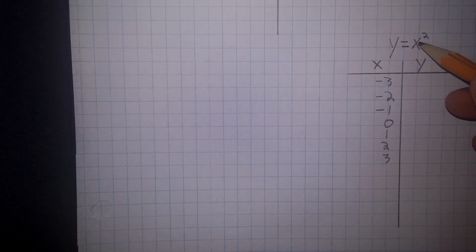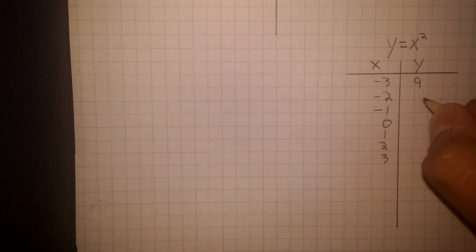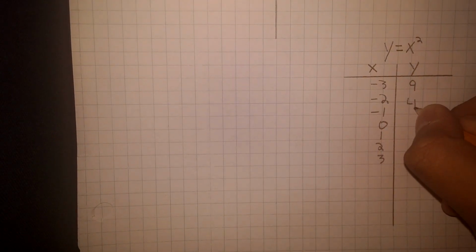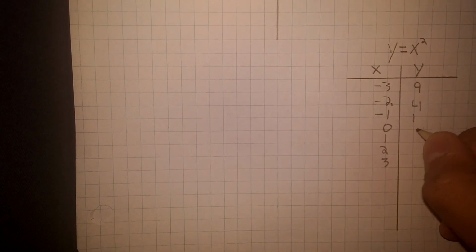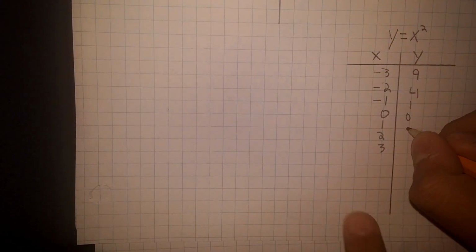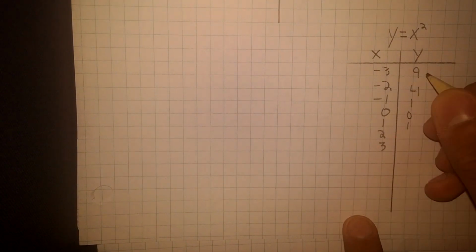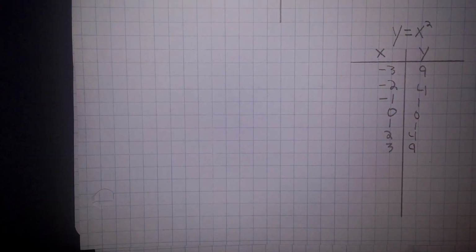And now let's just sub it in there. We'll have -3 squared is +9, -2 squared is +4, -1 squared is +1, 0 squared is 0, 1 squared is 1 again, 2 squared is 4, on and on, like such.